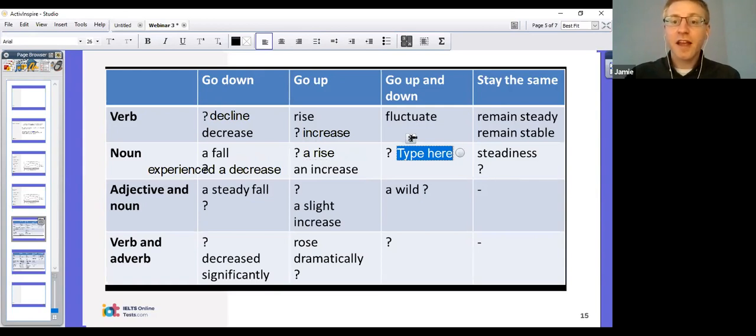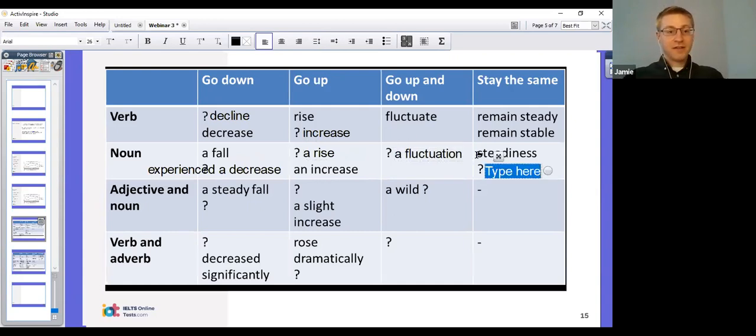And if we say a noun for steadiness, it stayed the same, it experienced so we have remained steady, remained stable.